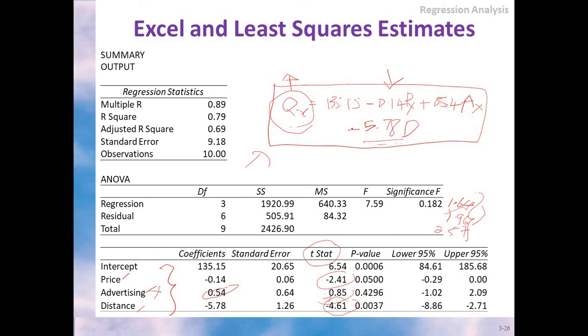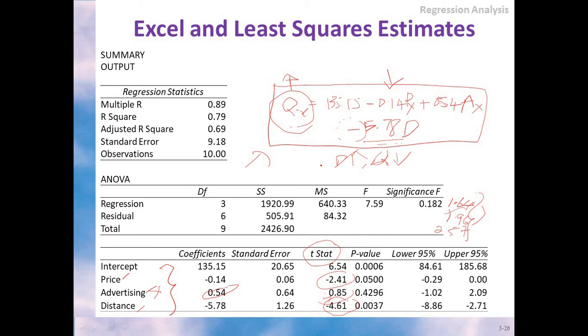Distance. A negative value means that when your distance increases, the quantity will be lesser. That's why I suspect that this example is an example of retail businesses. When we talk about offline retail businesses, the farther you are, the demand of that consumer will reduce.